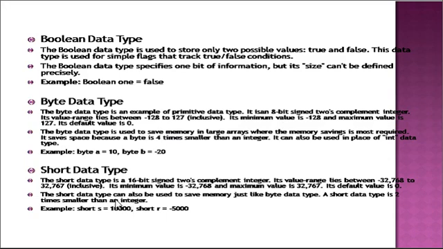The short data type holds 2 bytes to store data, and 2 bytes equals 16 bits.